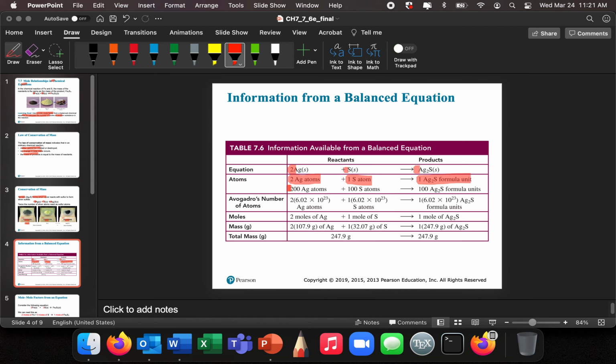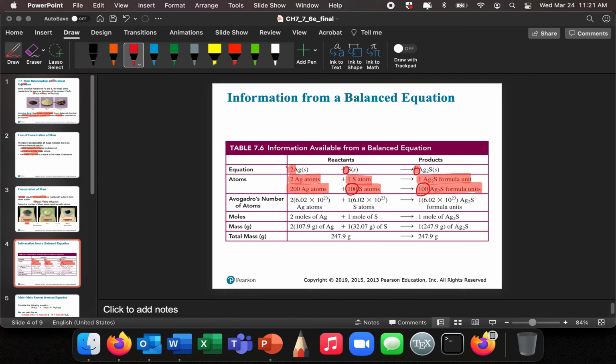If we have 200 silver atoms and 100 sulfur atoms, we're going to end up with 100 silver sulfide units, right? Why is it 100? Well, this is 100 to 100 because this was 1 to 1.